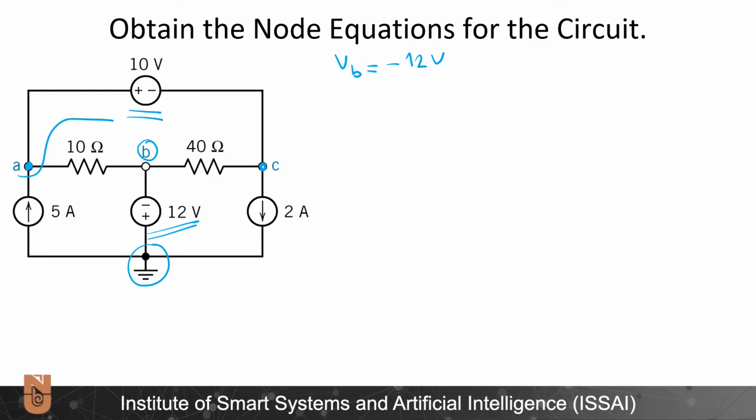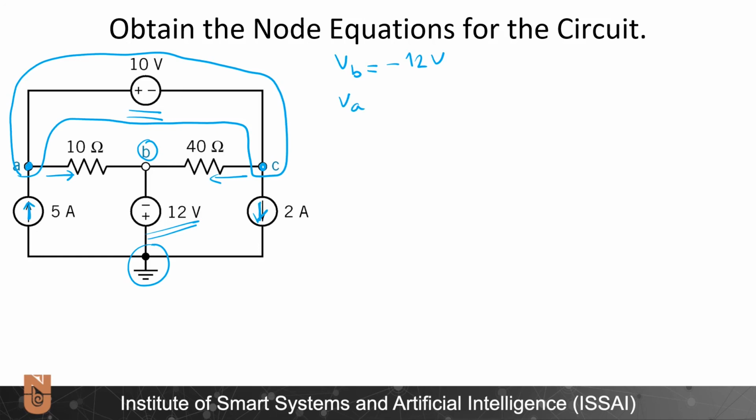So I can define my supernode as this. It looks ugly, but it follows the definition, and I can therefore do it. This current is going out, this current is going out, this 2 amperes is going out, and 5 amperes is coming in. So let's write these equations.